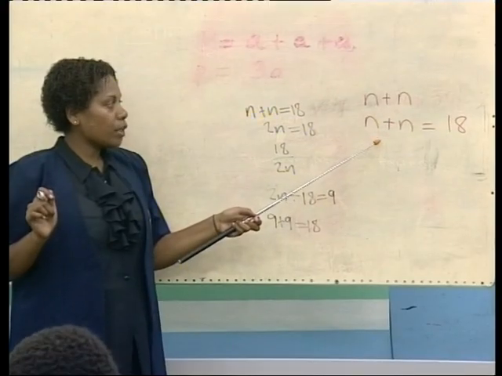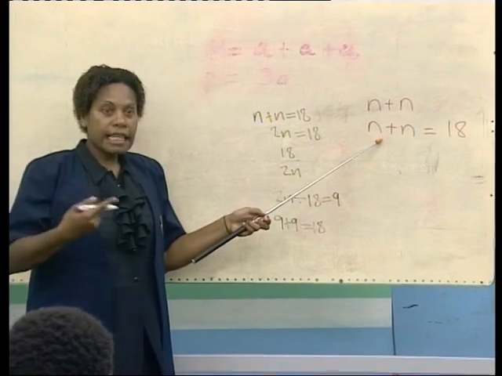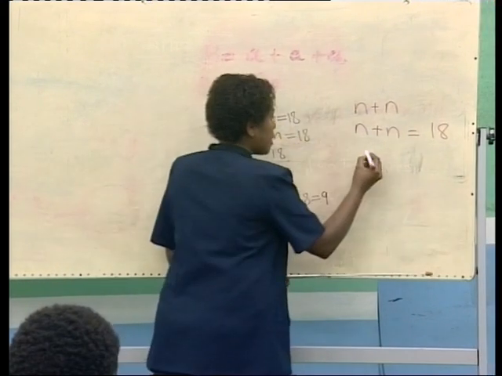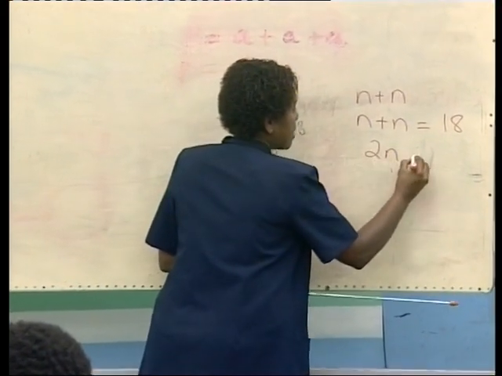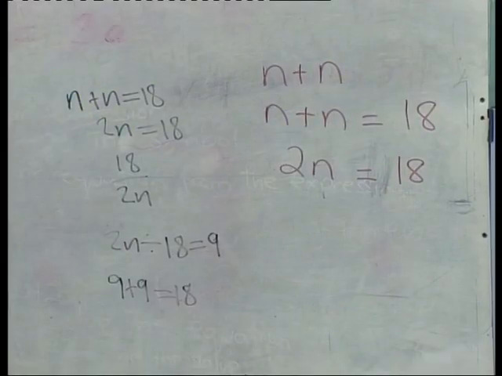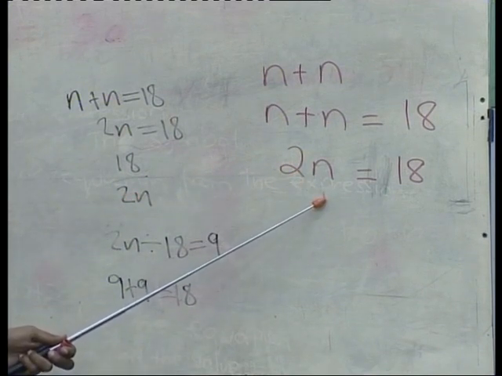Now the next step, what are we going to do? We are going to add the n's, like terms. n plus n is 2n is equal to 18. All right? Now, what are we going to do next, class?